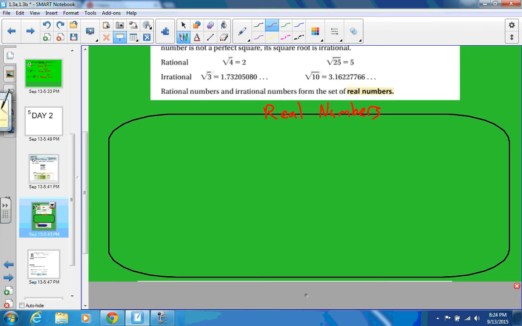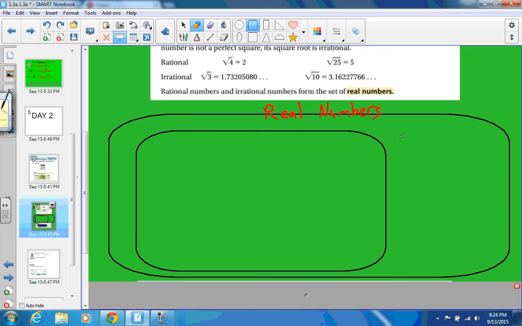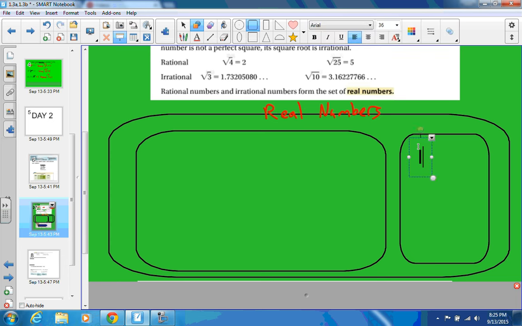Inside of real numbers, we have two other boxes that are separate. I'm going to put one smaller, one bigger. Inside of here, I'll type in irrational.